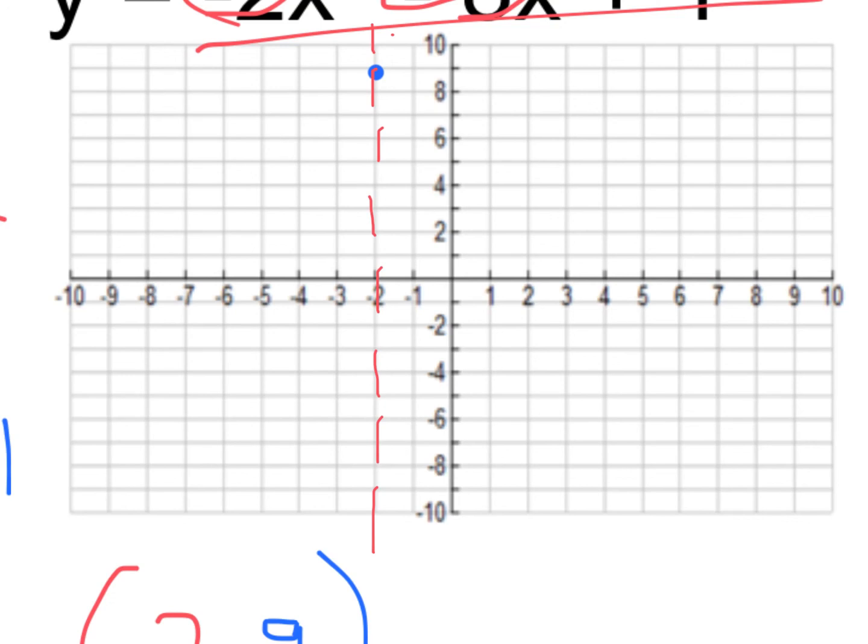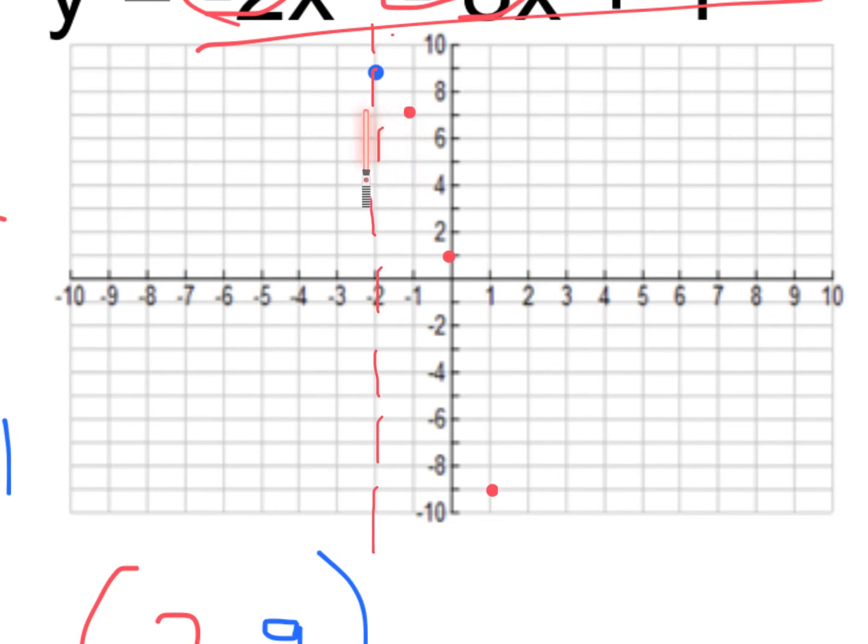So right 1, down 2. Right 1, down 6. 1, 2, 3, 4, 5, 6. Right 1, down 10. 1, 2, 3, 4, 5, 6, 7, 8, 9, 10. Okay, now we reflect those over the axis of symmetry.